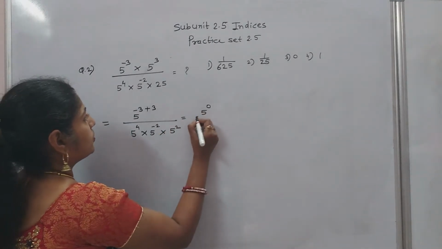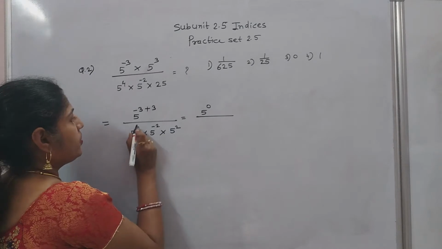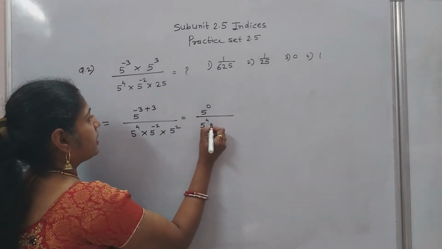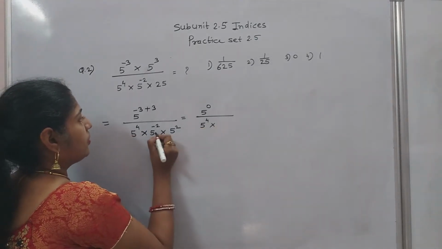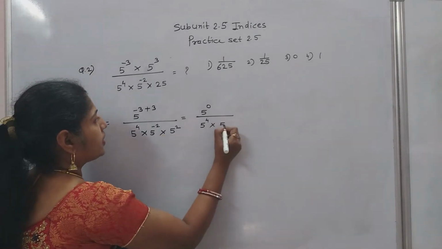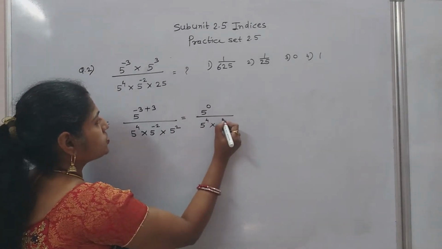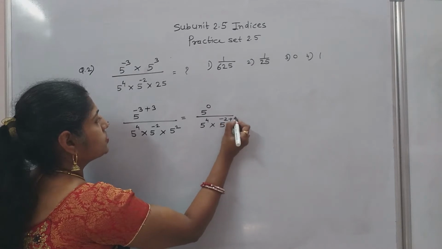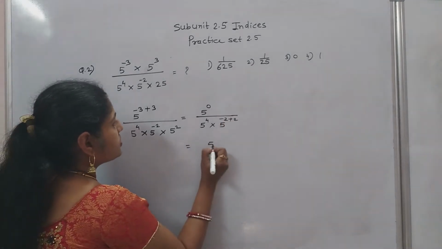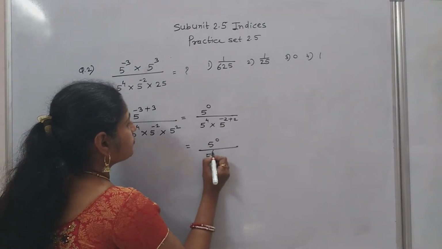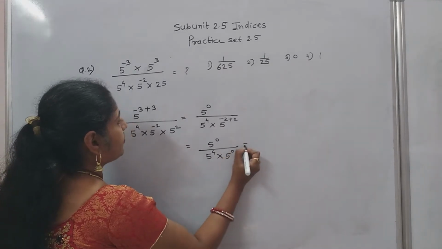So 5 raised to 0 upon 5 raised to 4, into the addition of these two indices, minus 2 plus 2, that is 0. 5 raised to 0 upon 5 raised to 4 into 5 raised to 0.